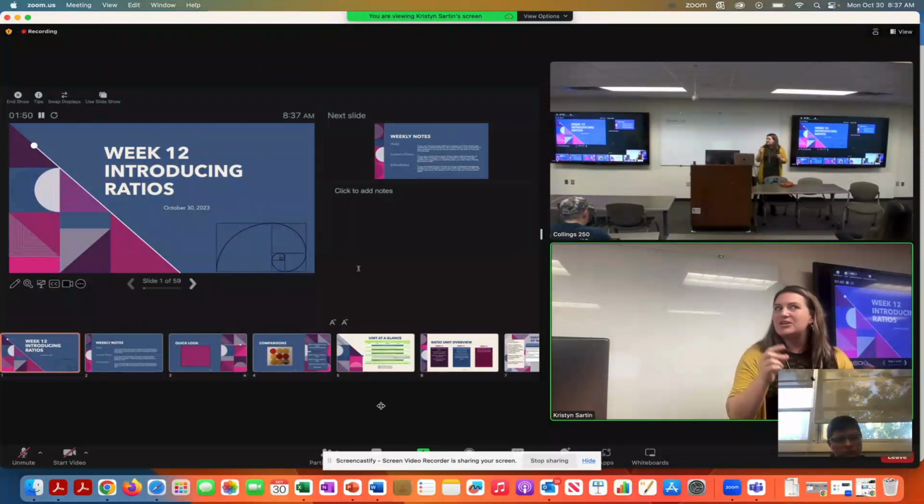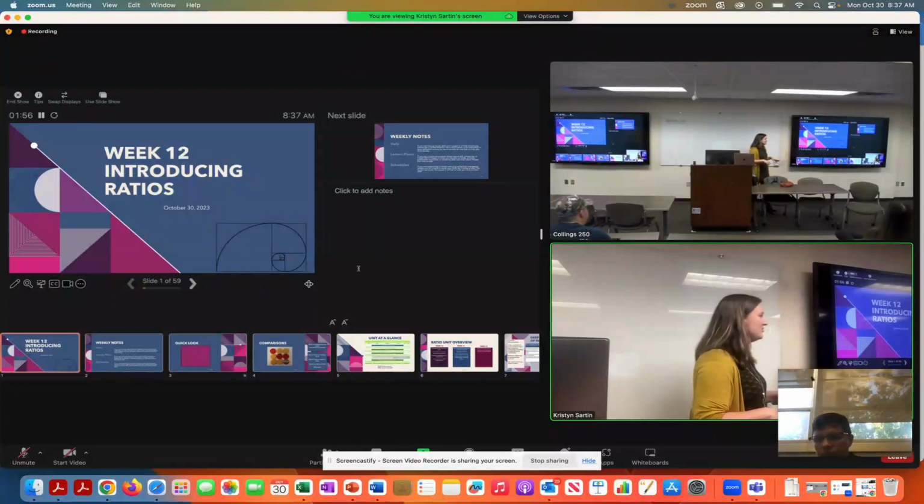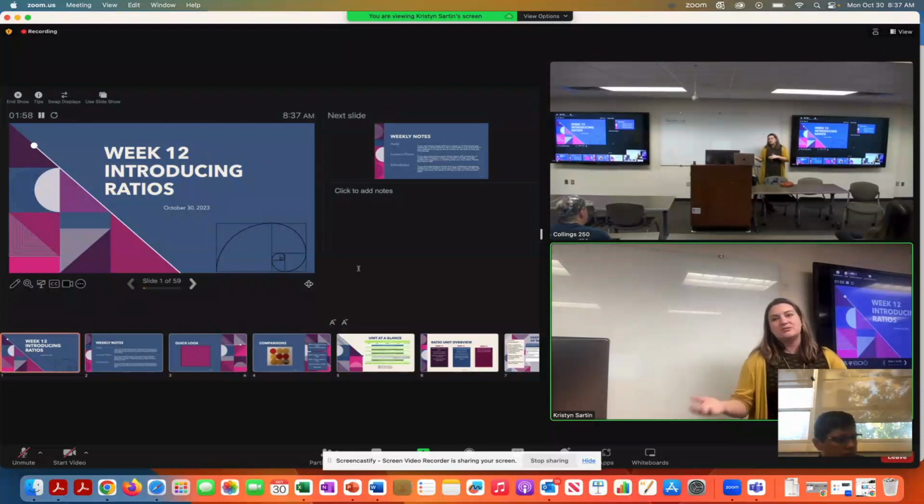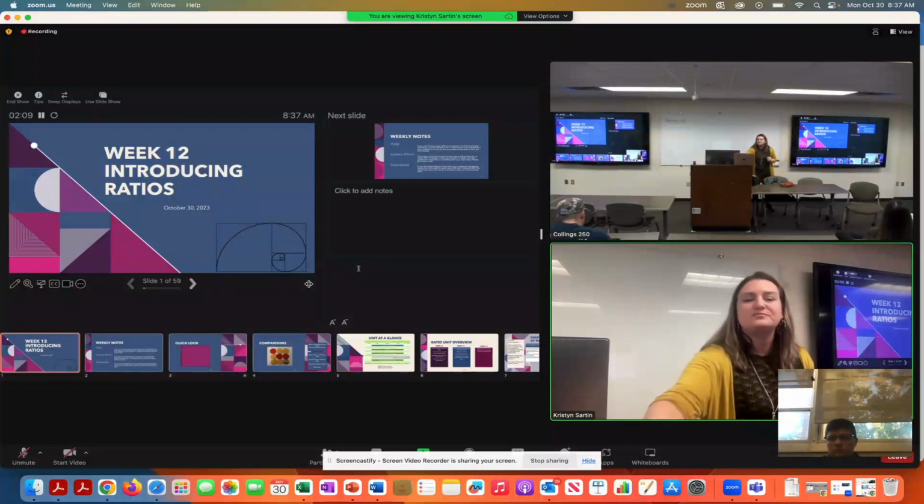Maybe whole numbers. I think we can be a little bit more expanded than whole numbers. Yeah, integers. Yes, so only integers. So ratios is going to give us the opportunity to think about slopes that are not integers. Okay, so that also means that we're going to be kind of thinking about fractions again.